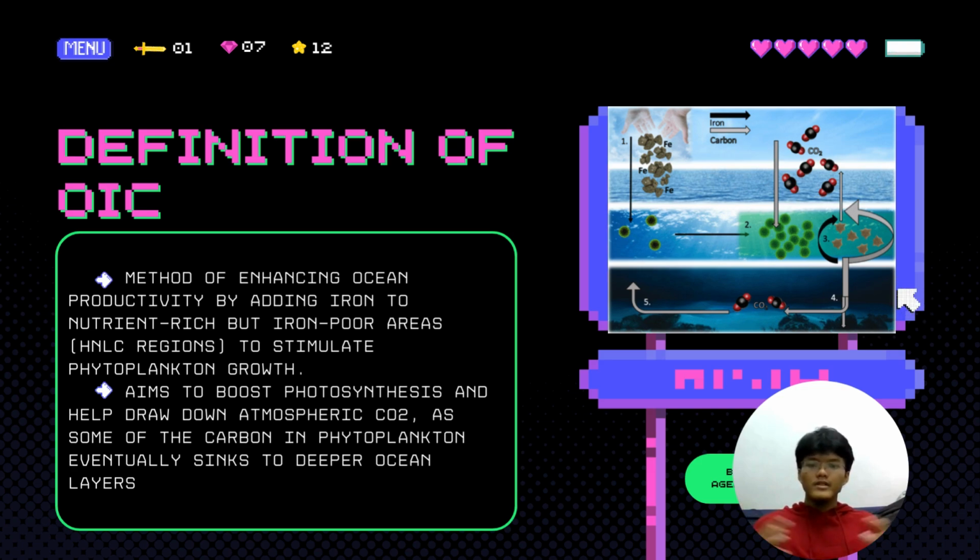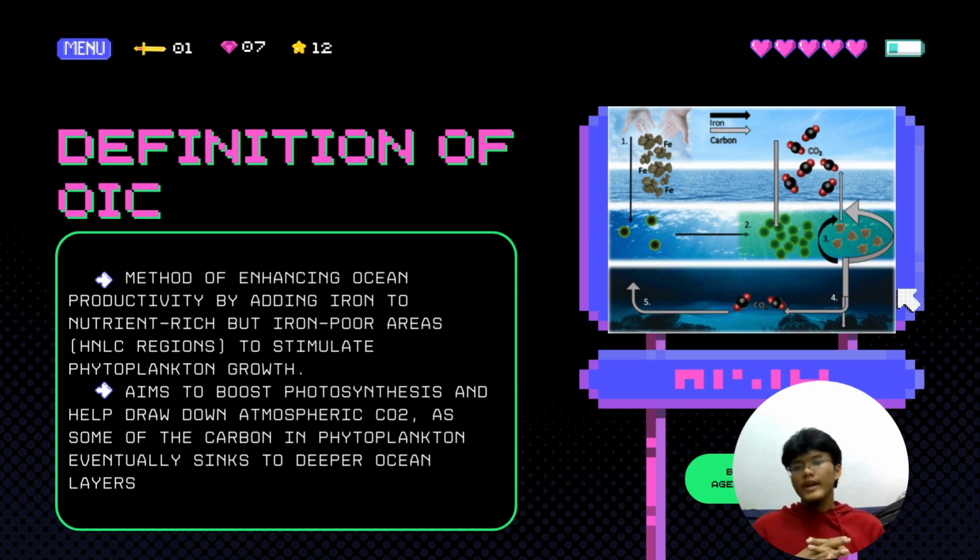The first definition is a method of enhancing ocean productivity by adding iron to nutrient-rich but iron-poor areas, which we call HNLC regions. What is HNLC? HNLC is high nutrient but low chlorophyll concentration.